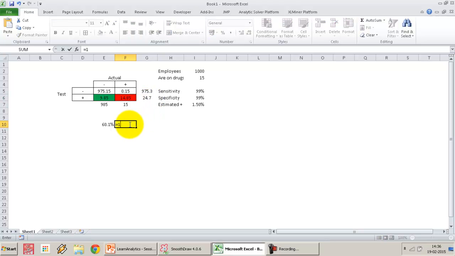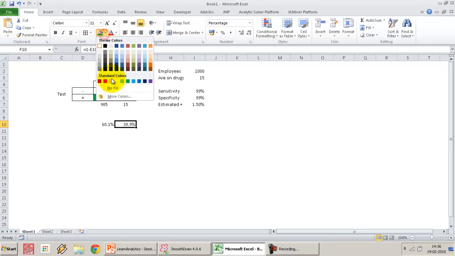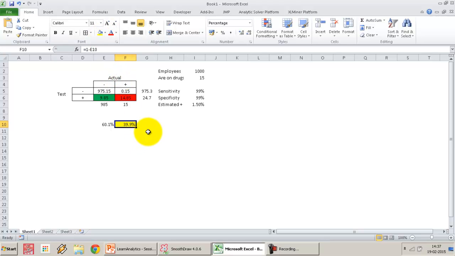Therefore, 1 minus 60%. So there is a 40% chance, right, that the persons who have tested positive are actually not positive, and this is what you will bring to the notice of the HR, right? While the drug test is 99% sensitive and 99% specific, most of the people who have tested negative are overwhelmingly negative.